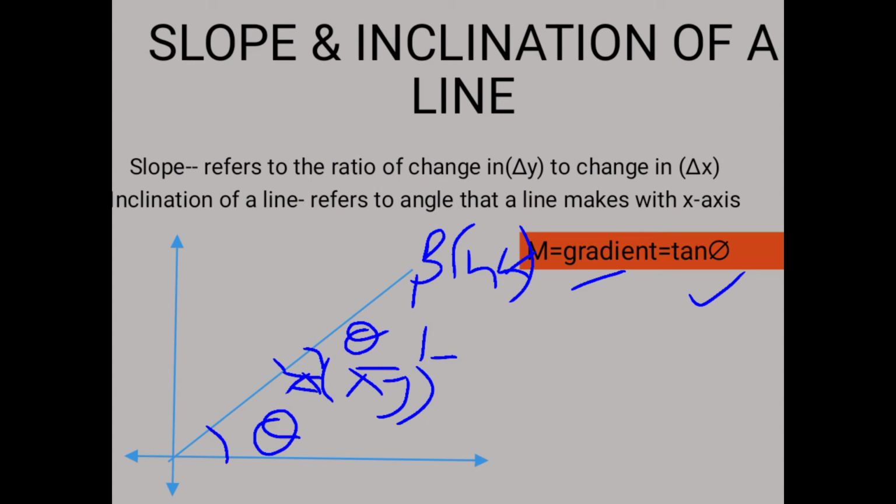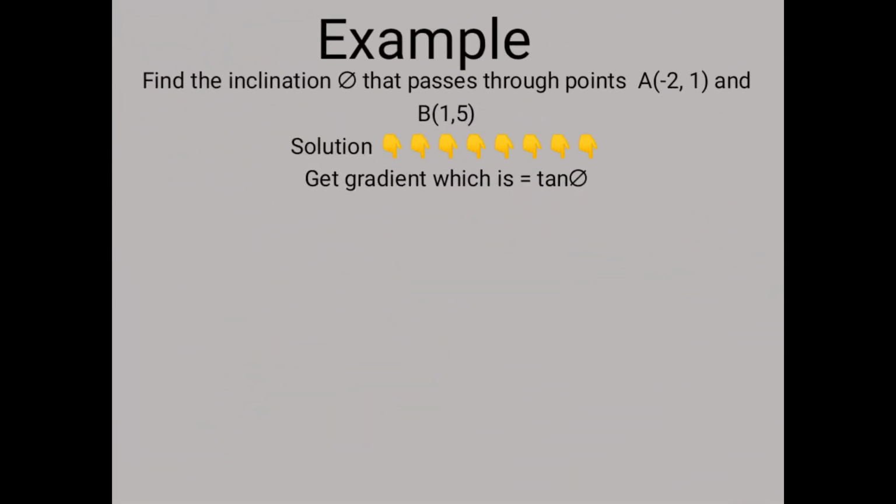Let's see an example. Find the inclination theta of the line that passes through points A(negative 2, 1) and B(1, 5). Solution. You have to get the gradient, which is equivalent to tan theta.